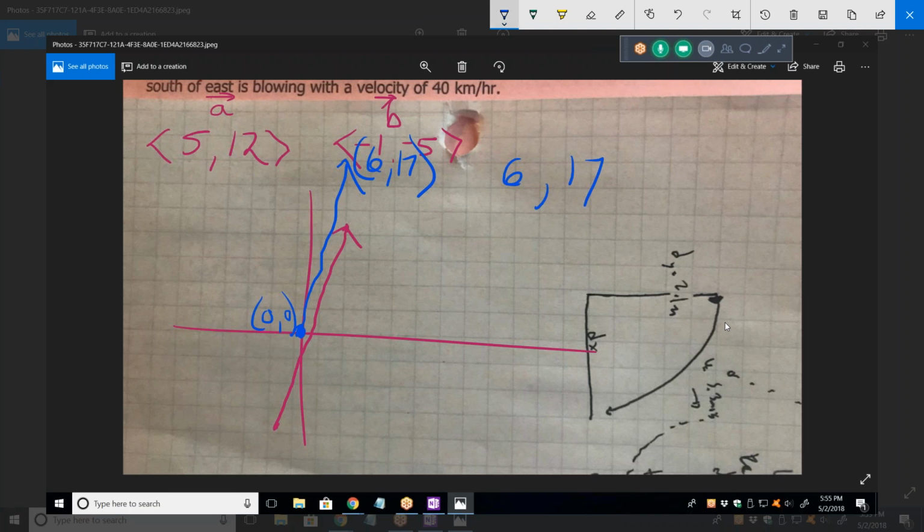The original vector that they were talking about was just two points, okay? And it's easier to talk about a vector as 1 point.